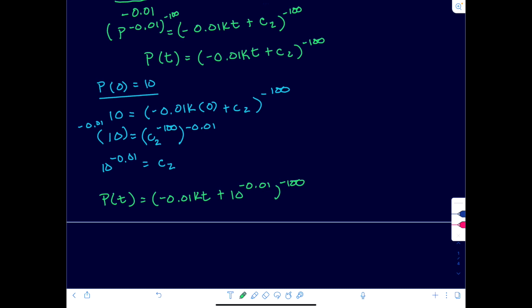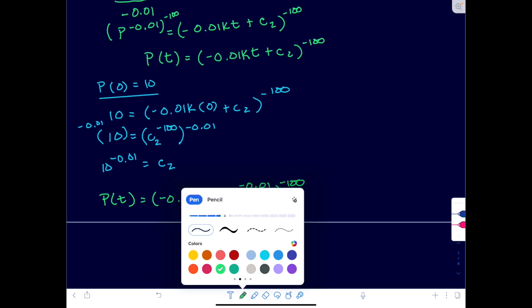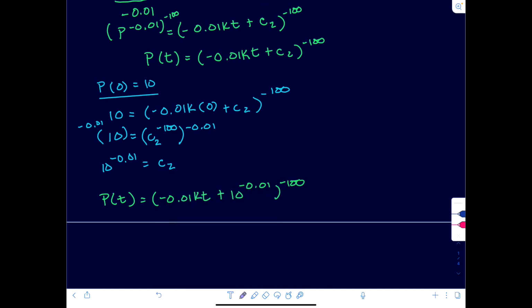Now we're going to use the doubling time so that we can find k. Using our next piece of info, we know that P at 9 equals double 10, which in other words is 20.